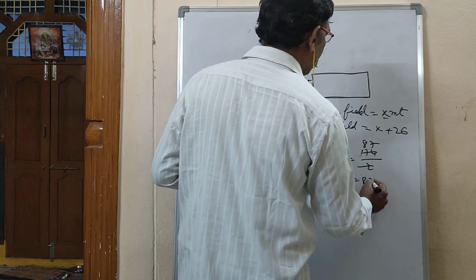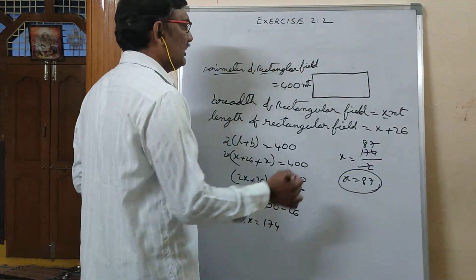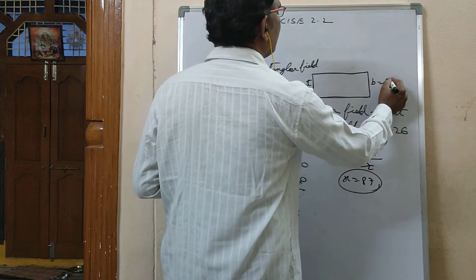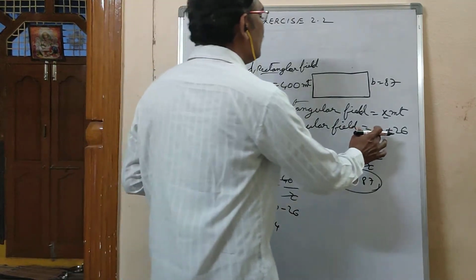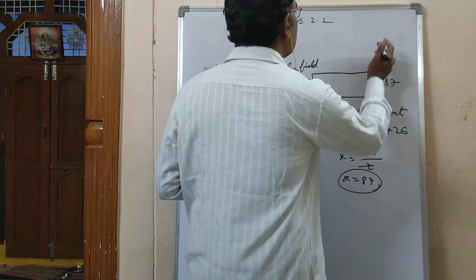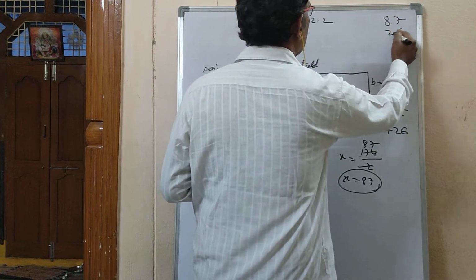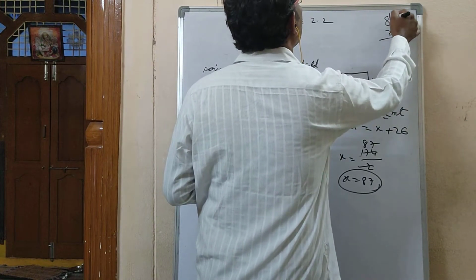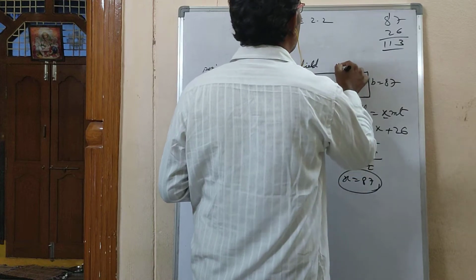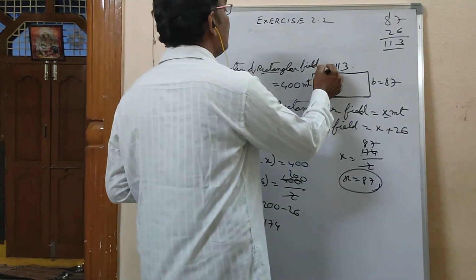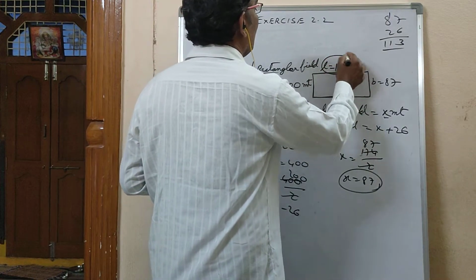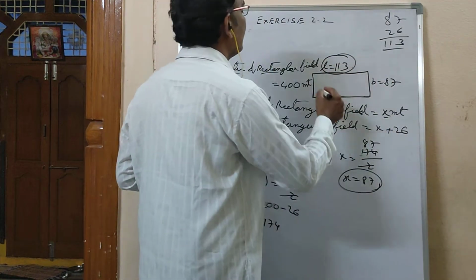So how much you got here? 87 you got it. What is 87? Breadth is 87. If breadth is 87, length becomes 87 plus 26. If you add, you get 113. Length is 113, breadth 87.